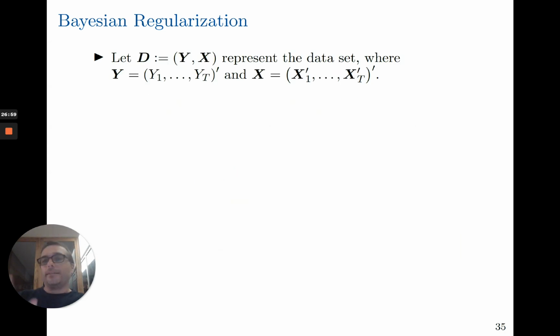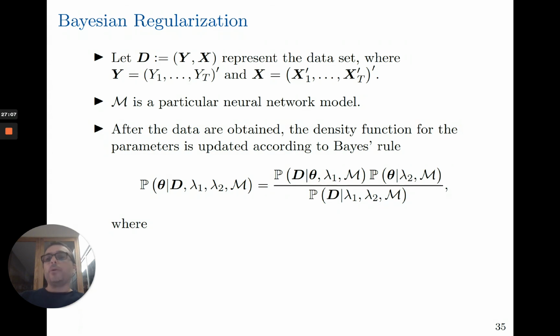We have the data set that we call Y and X. We call M a given neural network model, and we compute the posterior. What's the posterior of the parameters of interest given the data, given the regularization parameters, and given the model?